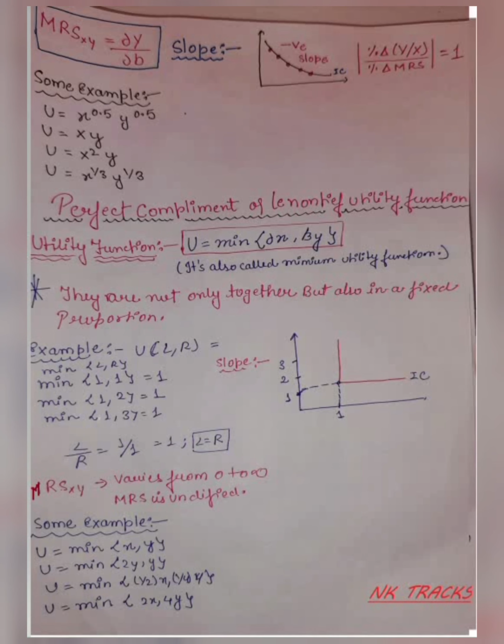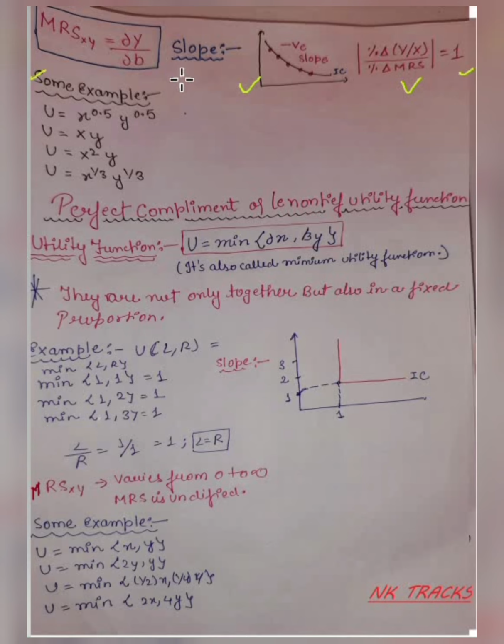Now let's see the marginal rate of substitution in the Cobb-Douglas utility function, that is del y by del x. The slope is negative, as we have discussed earlier also, and the elasticity, the percentage change in y by x divided by the percentage change in MRS, will result in 1.